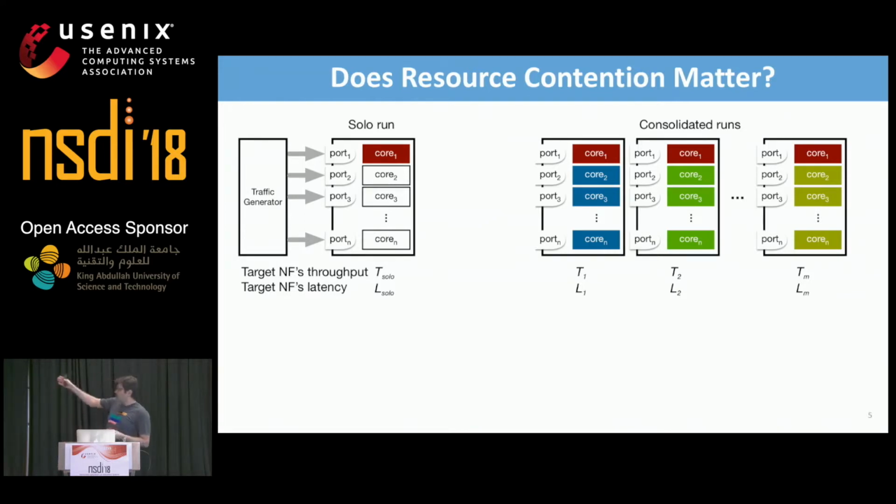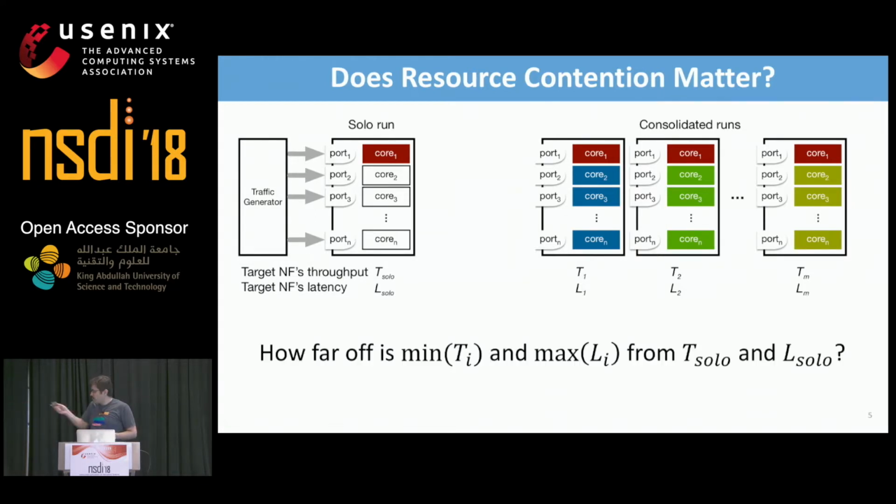Each of those boxes on the right shows one experiment. Let's say a NAT box is the target NF. We run it with n other firewall boxes. In the second example, a NAT box runs with WAN optimizers, and so on and so forth. So the question is, how far off is this minimum of Ti's and the maximum of Li's compared to the solo run?